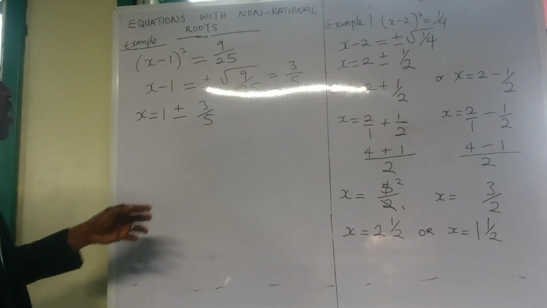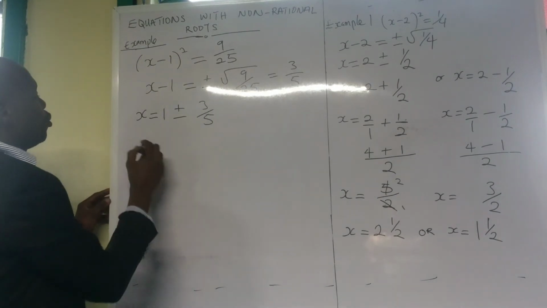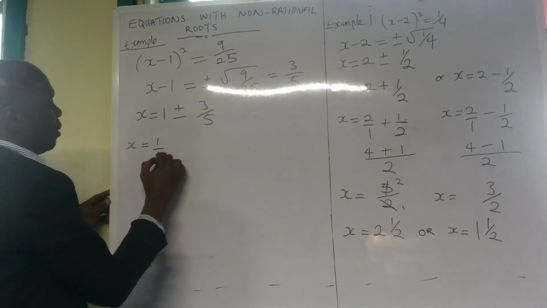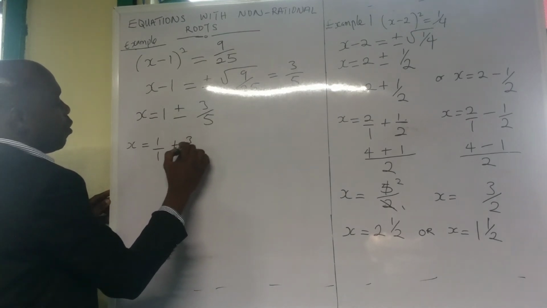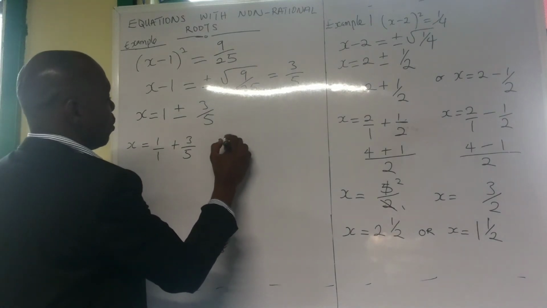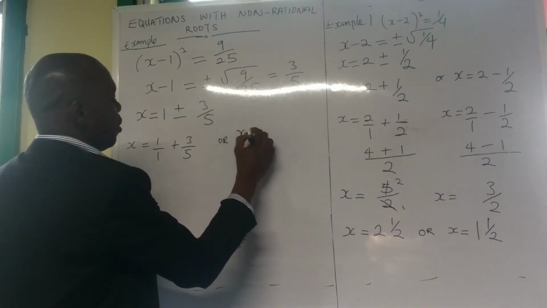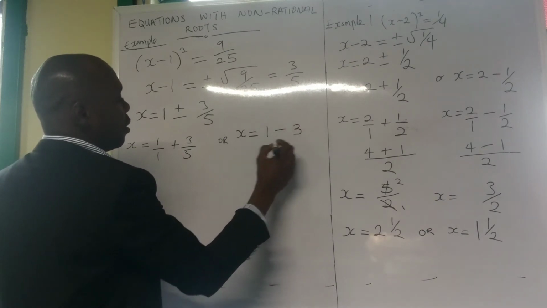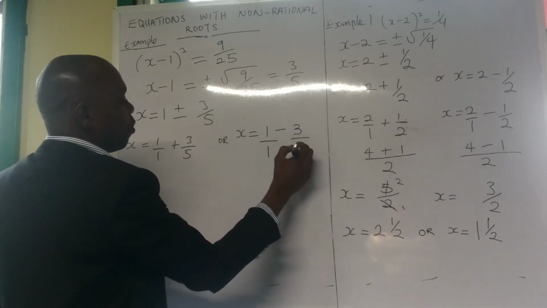So we now expand again: x equals 1 plus 3 over 5, or the second one, x equals 1 minus 3 over 5.